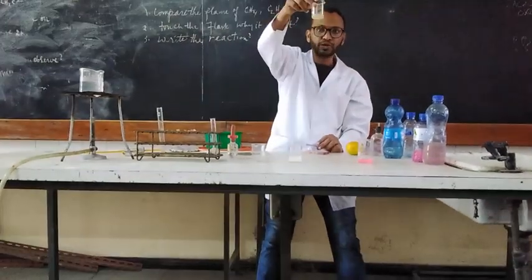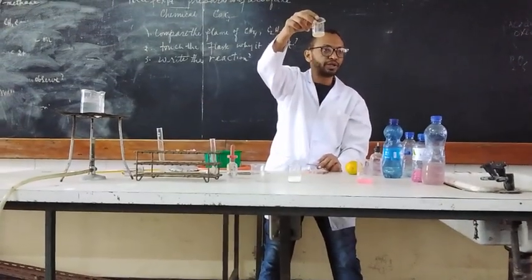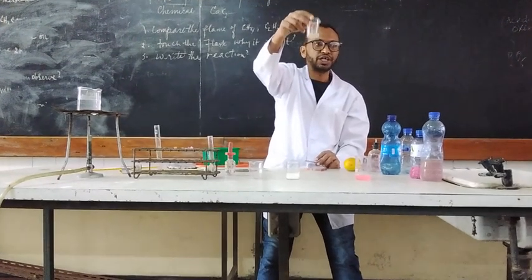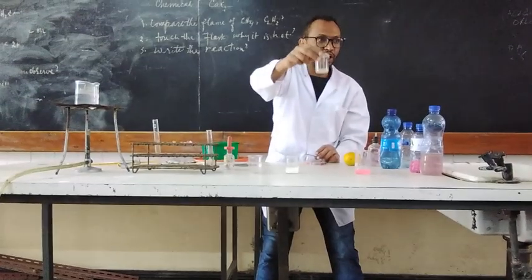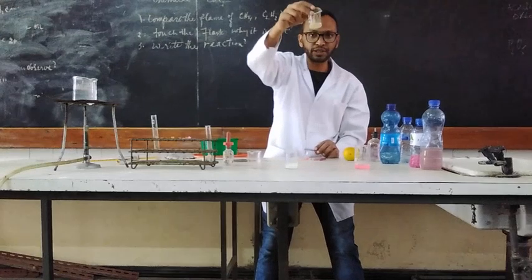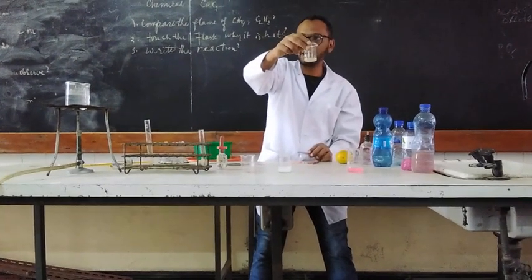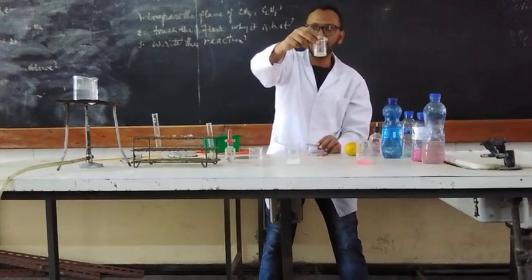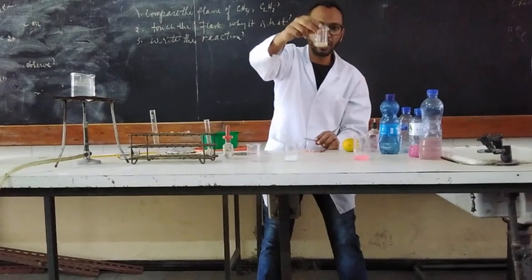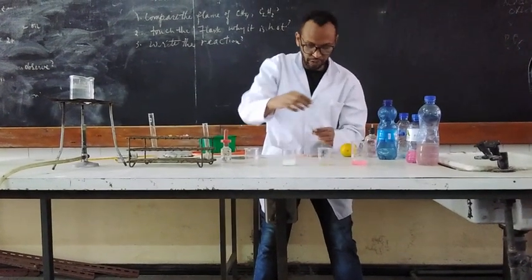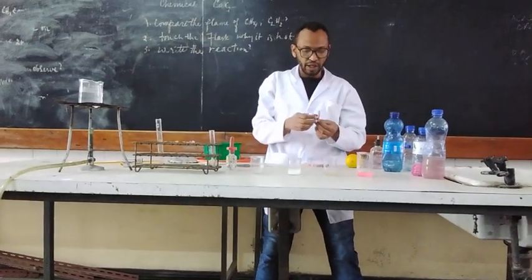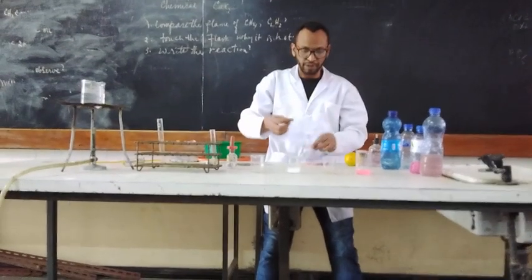Let's check the chemical substance found in the juice of lemon or orange. To identify it, we are going to use blue litmus paper.